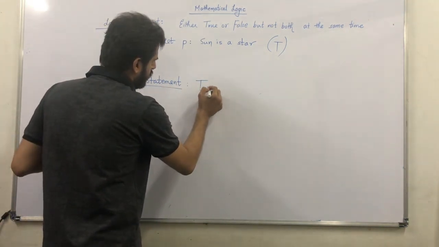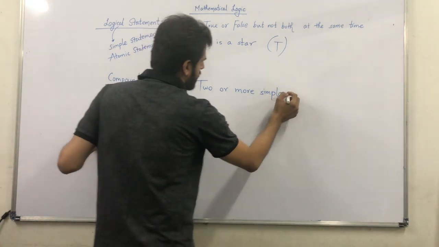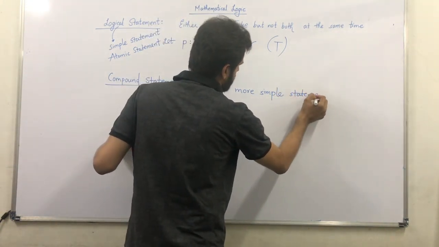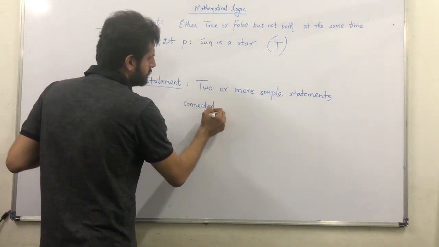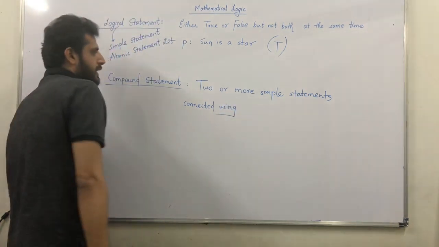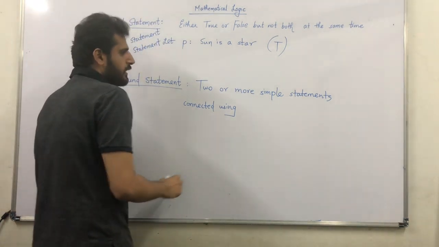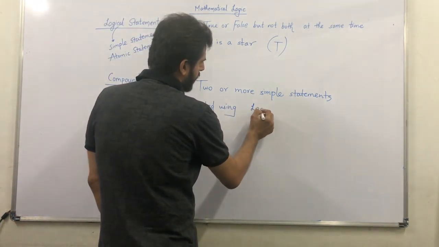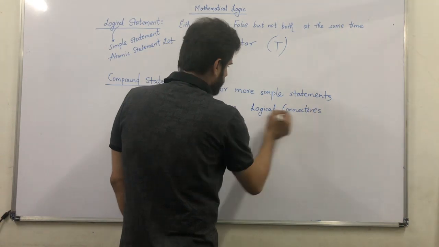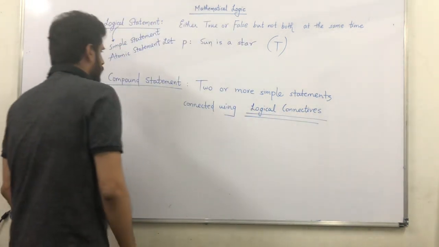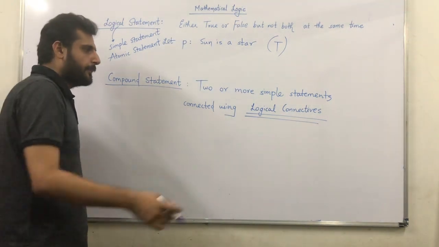It is two or more simple logical statements connected using logical connectives. Right, so this is now important. We are going to connect two or more simple statements using logical connectives to create compound statements.